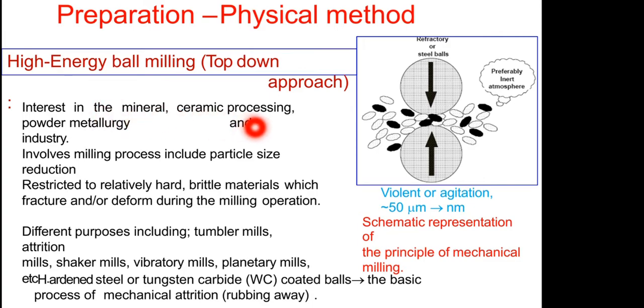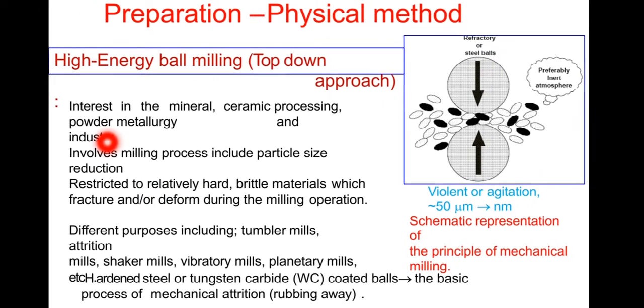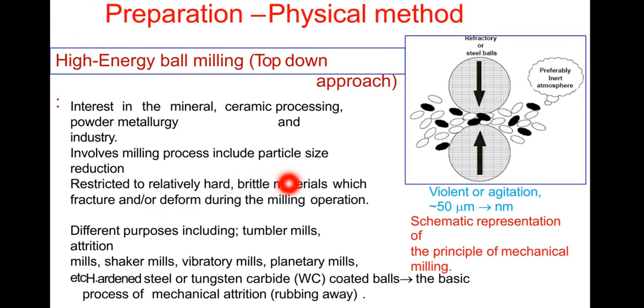In mineral and ceramic processing, powder metallurgy and industry, it involves the milling process. It includes particle size reduction, basically restricted to relatively hard, brittle materials which fracture or deform during the milling operation. Means this process is restricted to relatively hard or brittle materials.